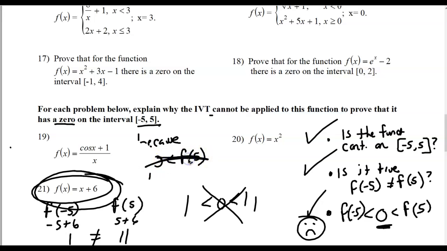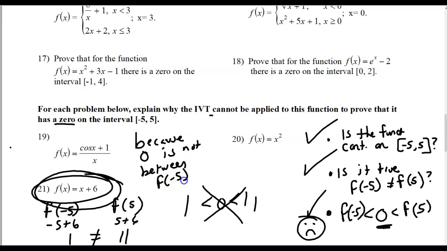So we'll just say it differently. Sorry, let me rewrite that. So because 0 is not between f of -5 and f of 5. So those are the three reasons why a function may not be able to have the intermediate value theorem applied to it on a specific interval.